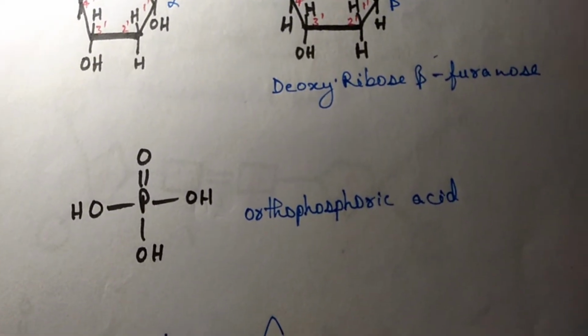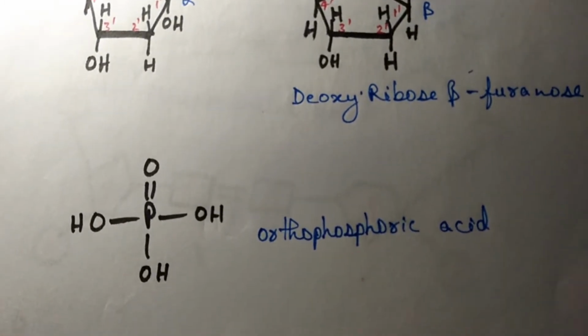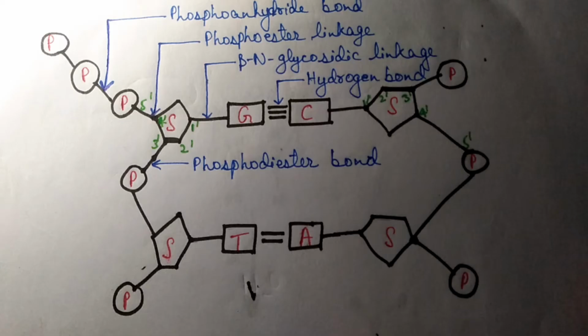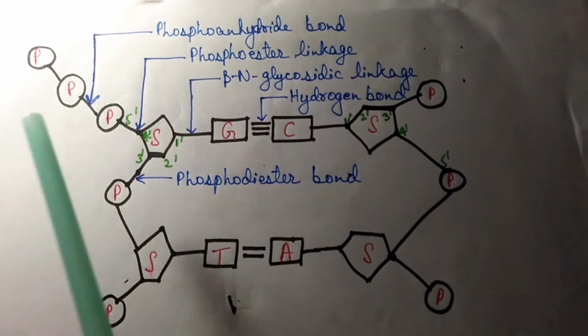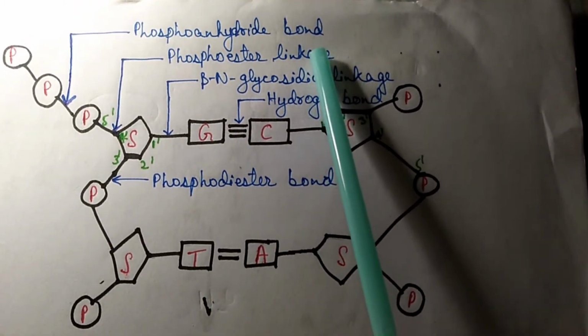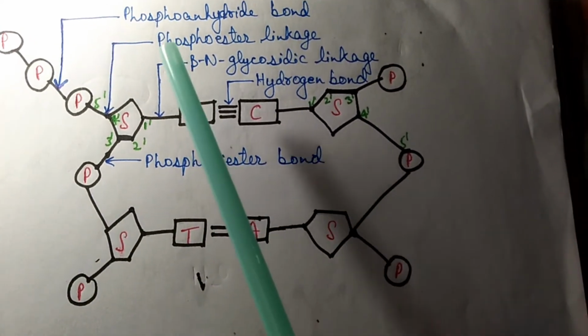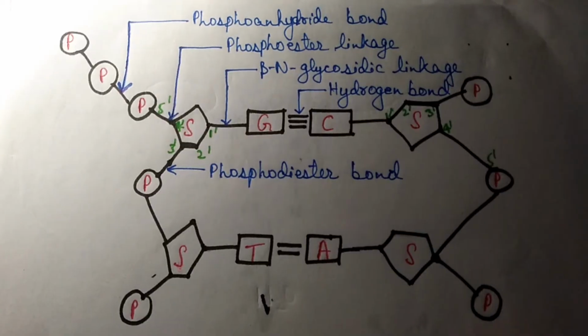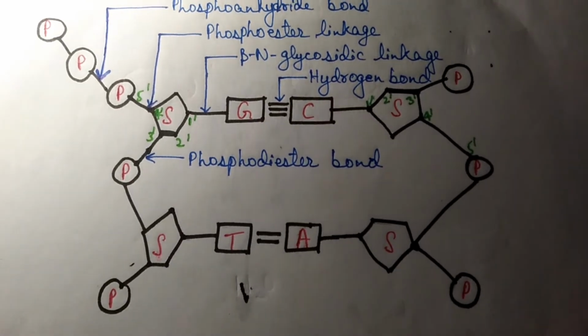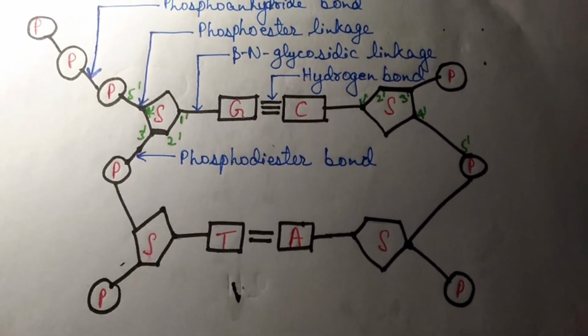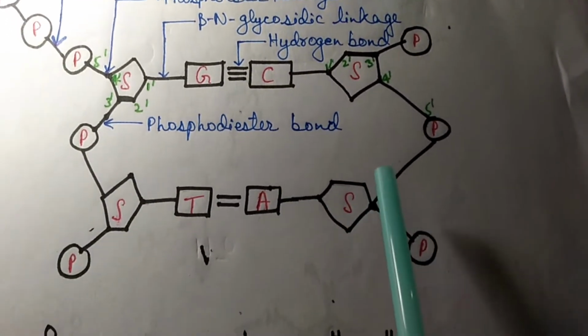The strong negative charge on nucleic acids is due to the presence of phosphate groups. A bond between two different phosphates forms a phosphoanhydride bond, and these bonds are thermodynamically more active than the phosphoester linkage. Two nucleotides are linked through a 3', 5' phosphodiester linkage to form a dinucleotide.